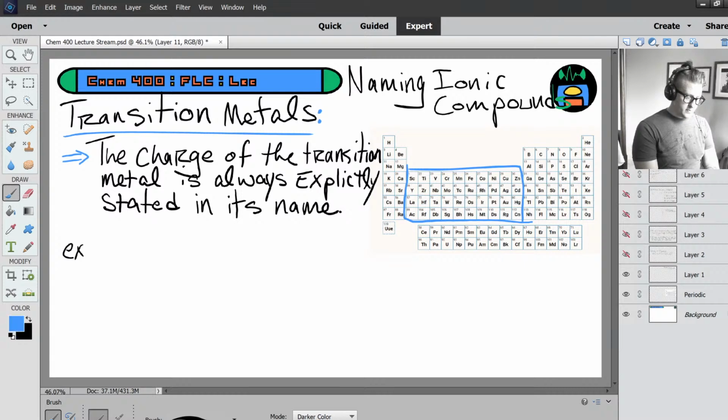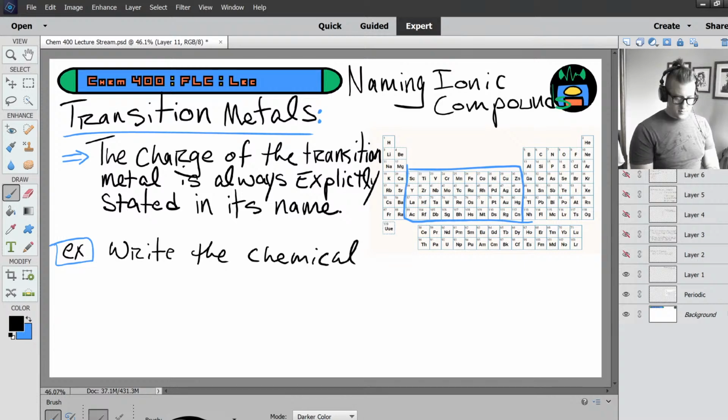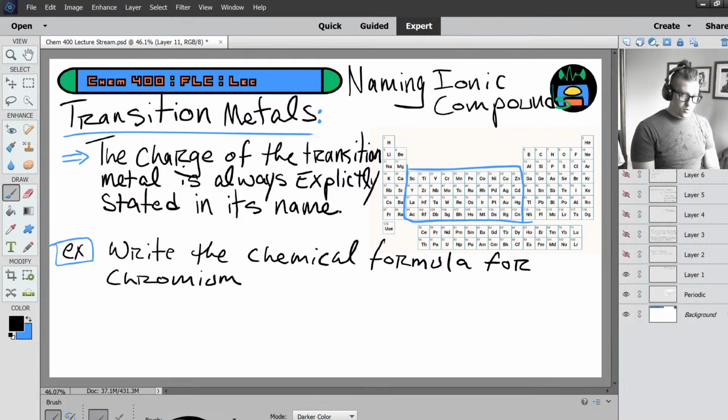Let's do an example. Let's write the chemical formula for chromium 3 chloride.